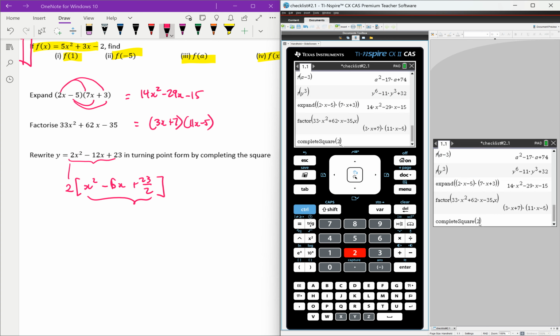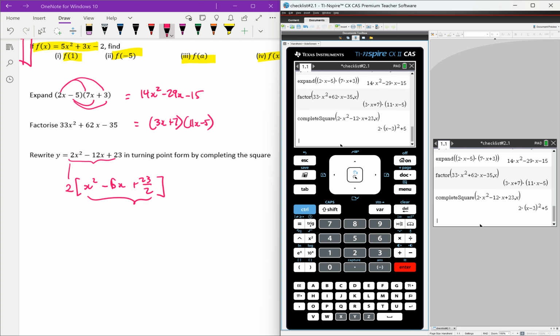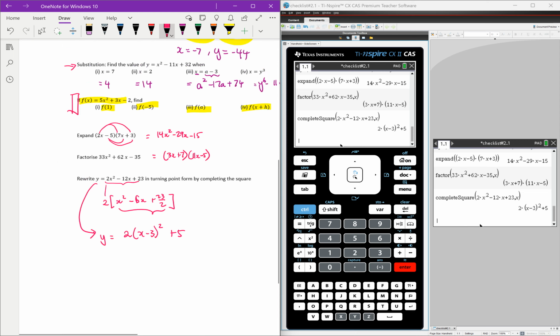And you can do 2 times x squared minus 12 times x plus 23, comma x. So you're telling it to complete the square in terms of x. I'm going to press enter, and it's now converted into turning point form. So you got 2 bracket x minus 3 squared plus 5.